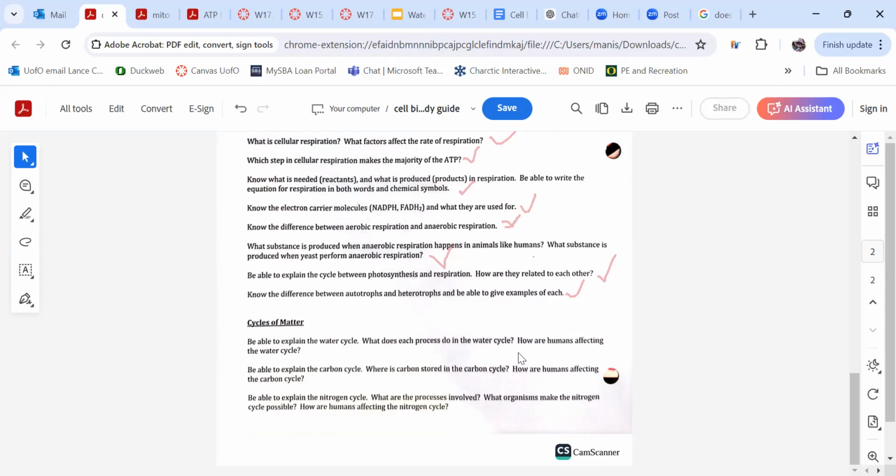What does each process do in the water cycle? We have the definitions there, and how are humans affecting the water cycle? Okay, we have a slide on that.